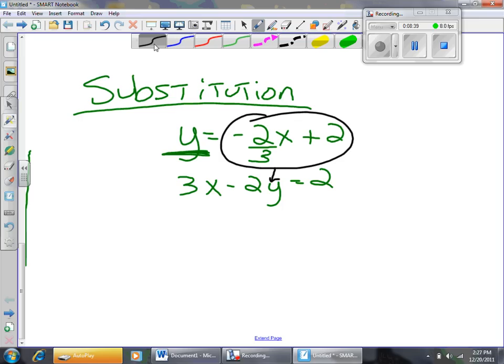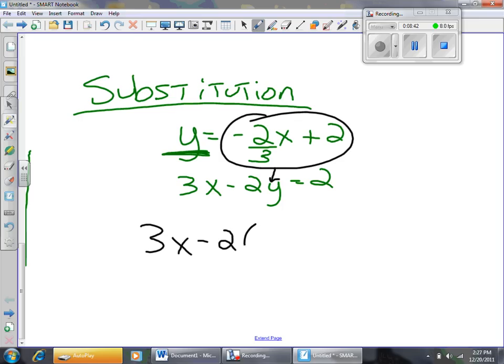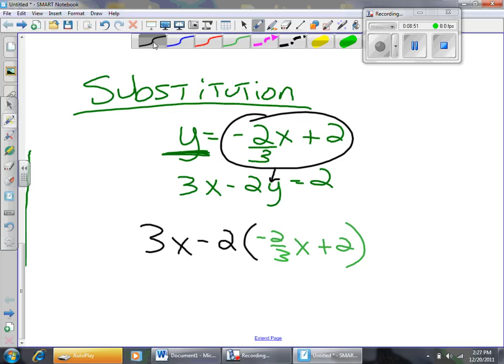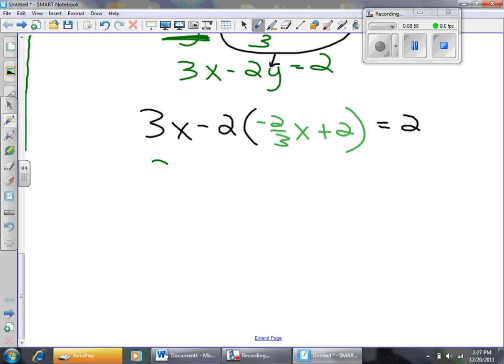So I will get 3x minus 2 times the quantity of -2/3 x plus 2, and that will need to equal 2. So from here I will distribute: 3x plus 4/3 x minus 4, and that will equal 2.